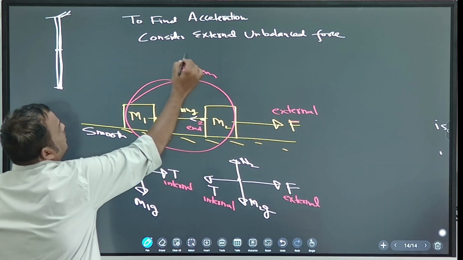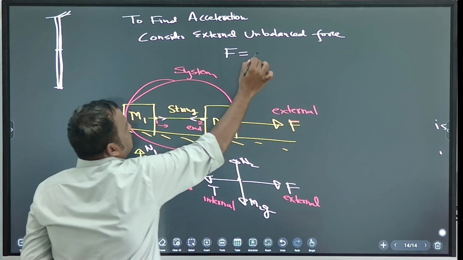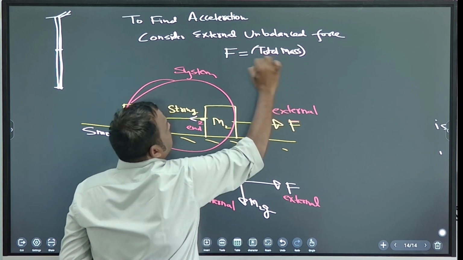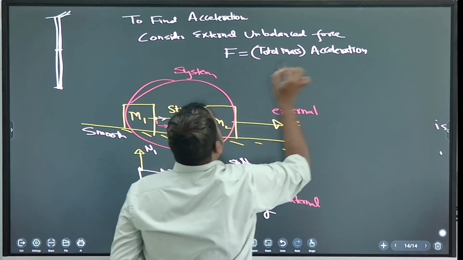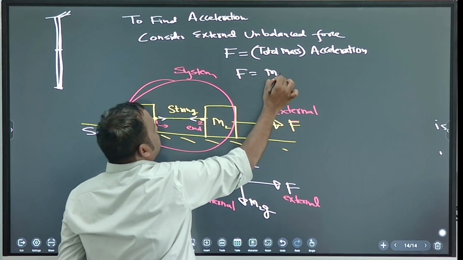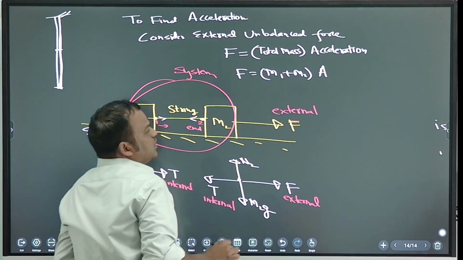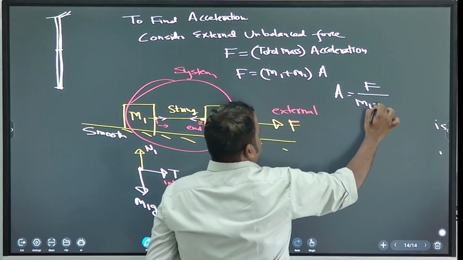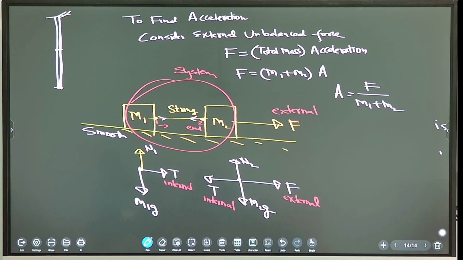F. So F is equal to total mass into acceleration. So F is equal to m1 plus m2 into acceleration. So what is the acceleration? F by m1 plus m2. Note down. F by m1 plus m2, acceleration.